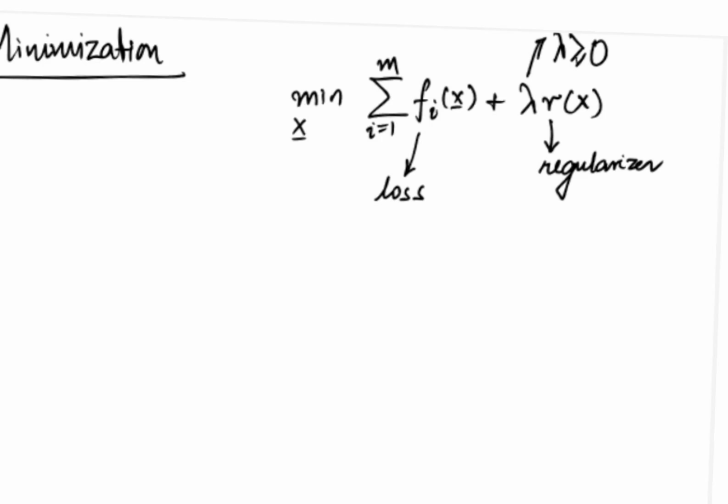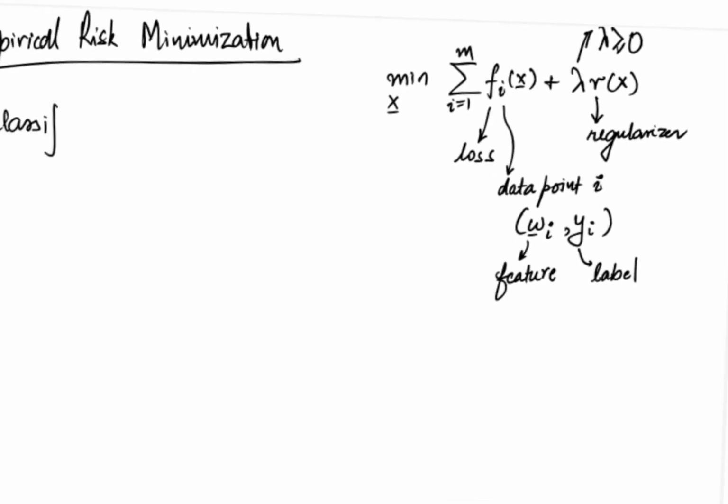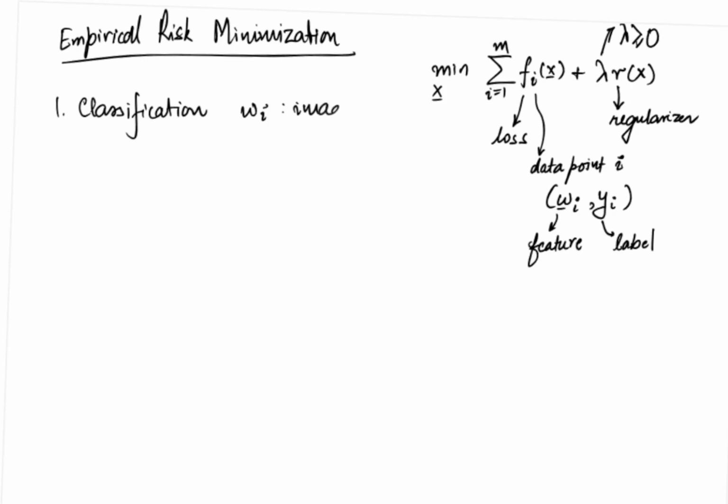Usually every data point will be in the form of a tuple w_i, y_i, where w_i may correspond to features and y_i to a label. So for instance, if you are looking at the problem of classifying if a given image is that of a dog or a cat, these w_i will be feature vectors extracted from each of these images, and y_i would be a number representing if an image corresponds to that of a dog or a cat.